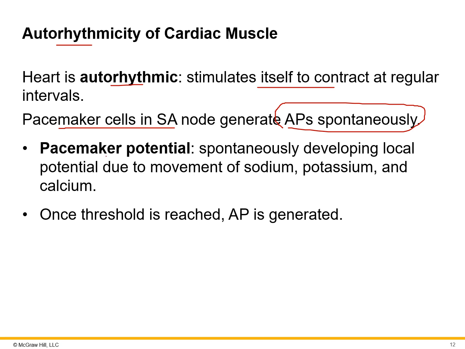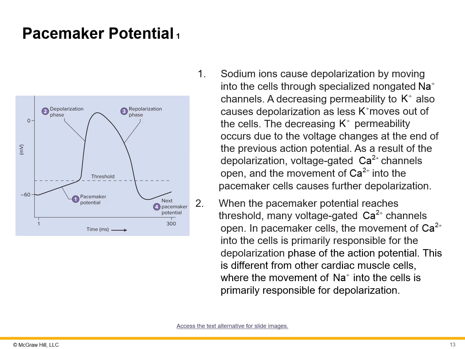That pacemaker potential is a spontaneously developing local potential. It's due to the movement of sodium, potassium, and calcium. Once we get to threshold, then an action potential is generated. If we look at this pacemaker potential, here at rest, sodium ions cause depolarization.